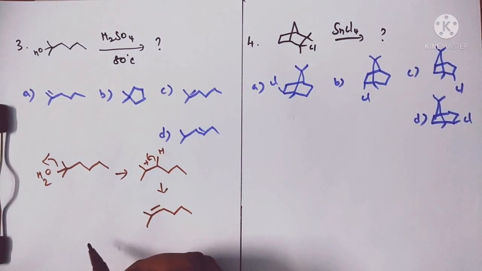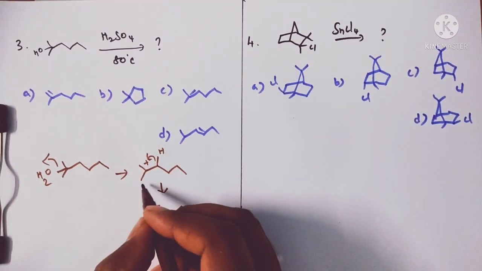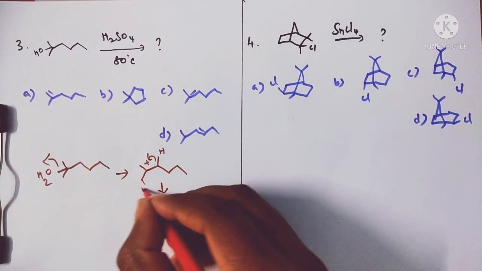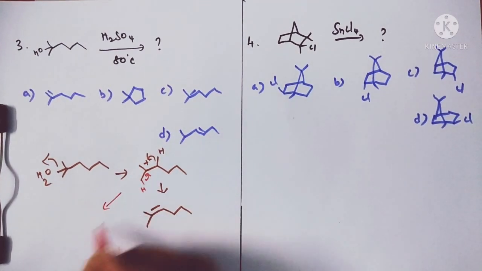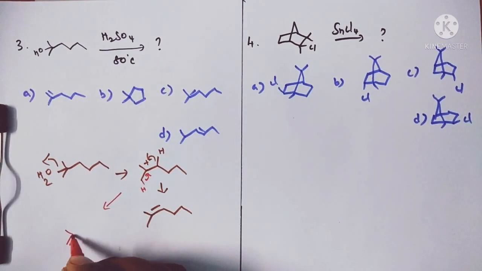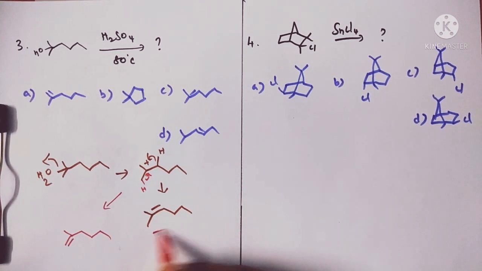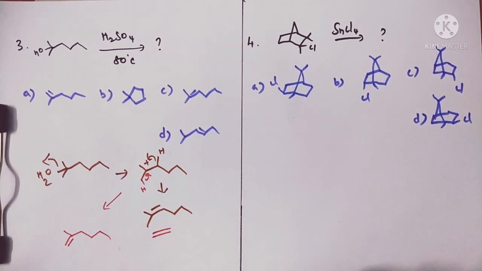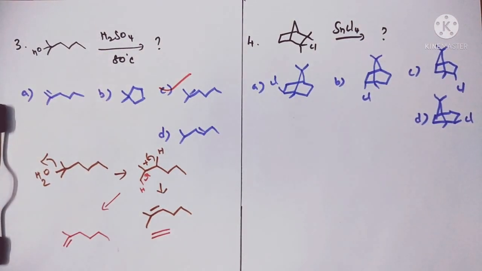Also, hydrogen can eliminate here, so this will give this product. But if you compare this and this, the more substituted alkene is the most stable. So the correct answer is C.